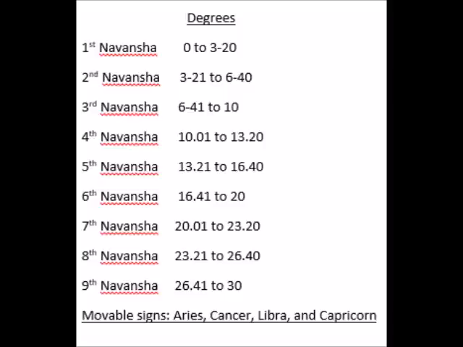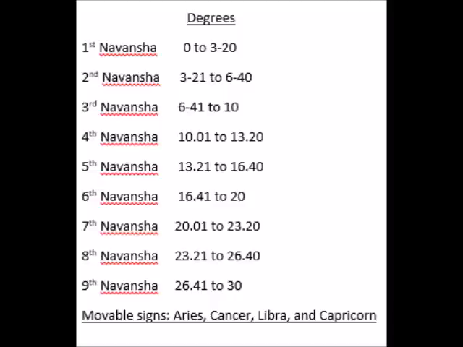The rules given by the great sages are, as you see on the screen, the first Navansha is 0 to 3 degrees and 20 minutes, the second Navansha is 3 degrees 21 minutes to 6 degrees and 40 minutes, and so on until the ninth Navansha, where it reaches 30 degrees, the total number of degrees in a zodiac sign or Rashi.